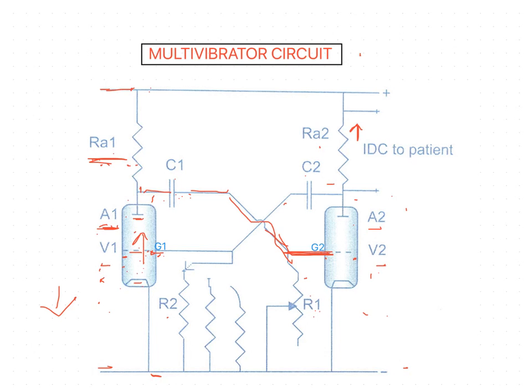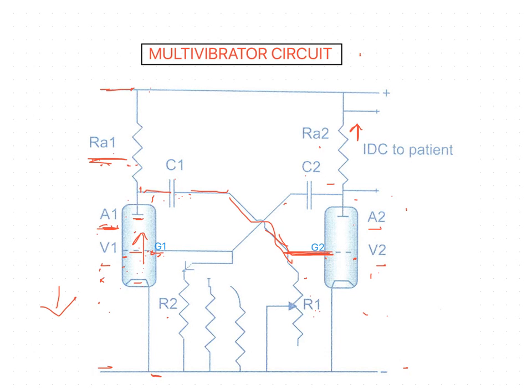So this series is going to continue. Again this causes A1 to become more positive, and the charge is transmitted to G2, resulting in a further increase in the current across V2. A2 becomes less positive, and the negative charge on G1 is again increased.